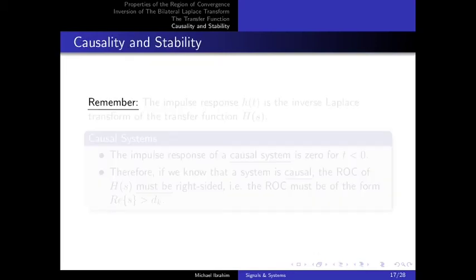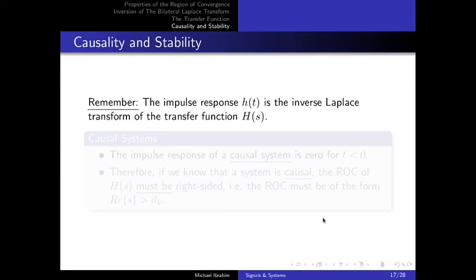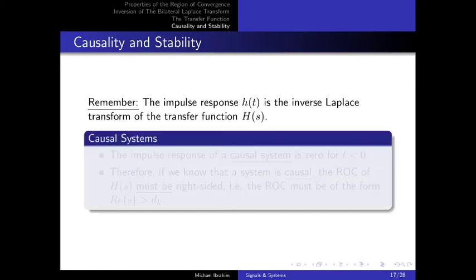Now let's try to relate the system transfer function and the system properties. Remember, the impulse response h(t) is the inverse Laplace transform of H(s), or H(s) is the Laplace transform of h(t). For causality, the impulse response of a causal system is 0 for t less than 0.